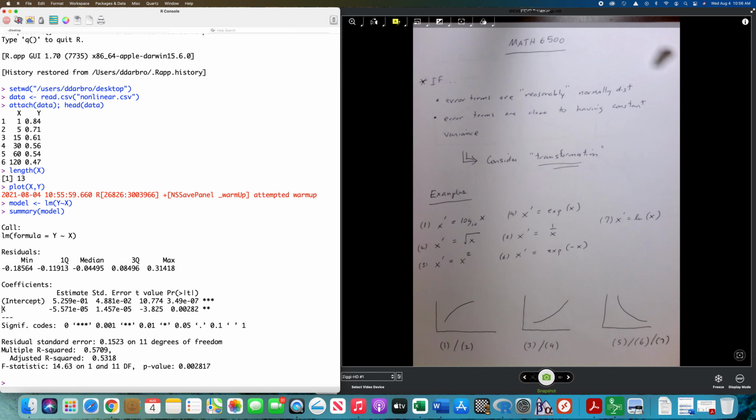Now, for those of you who are p-value hunters, this is where things can get problematic. We have X is statistically significant as a predictor at the 0.01 level. We can look at the multiple R squared, which would be appropriate with one predictor, and we can see that 57.1% of the variance in Y is explained by the regression on X.